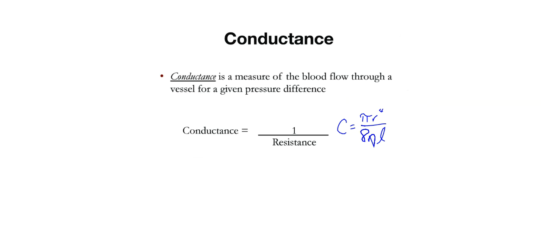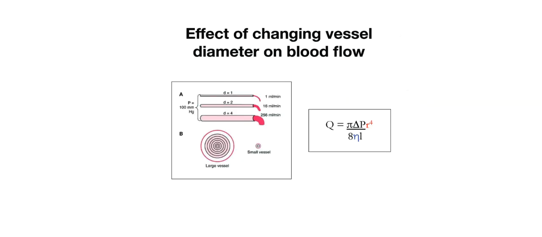And resistance is the inverse of that, okay? It's telling you basically the measure of that blood flow for any given pressure difference, that is how much blood is flowing through that resistor. So this shows you what happens if you have the constant blood pressure.